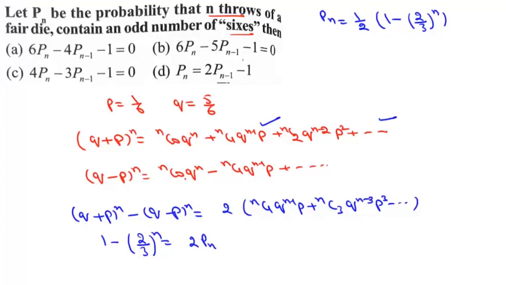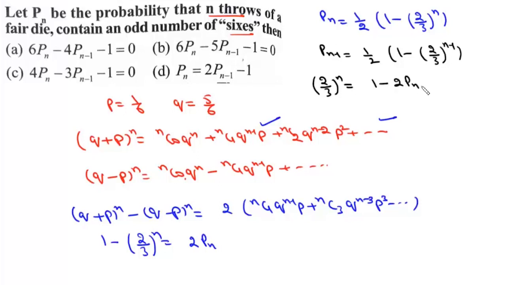Now if we look at Pn minus 1, Pn minus 1 will be 1 by 2 into 1 minus (2 by 3) to the power n minus 1. Now from the first one we can write (2 by 3) to the power n will be 1 minus 2Pn, and from the second we can write (2 by 3) to the power n minus 1 will be 1 minus 2Pn minus 1.